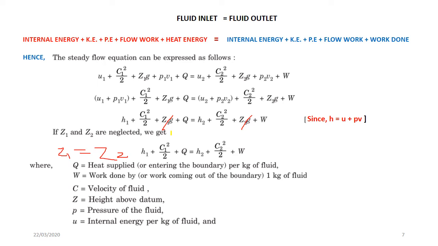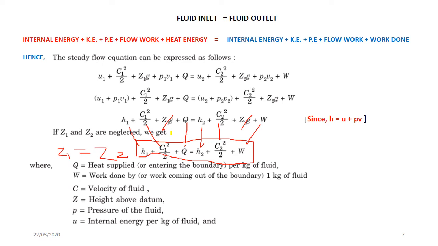So this equation reduces to H1 plus C1 square by 2 plus Q is equal to H2 plus C2 square by 2 plus work done. This applies when in some problems Z1 and Z2 are the same. So this is the final steady flow energy equation.